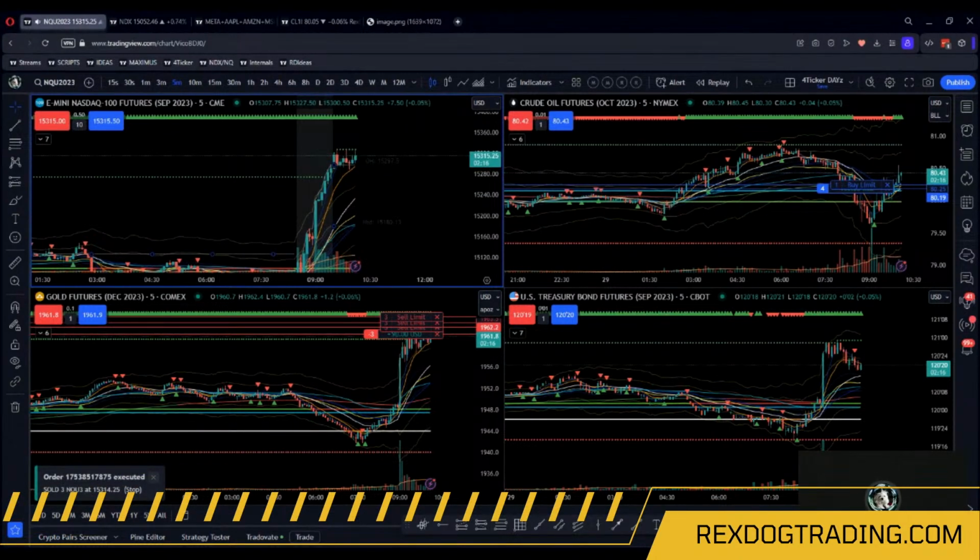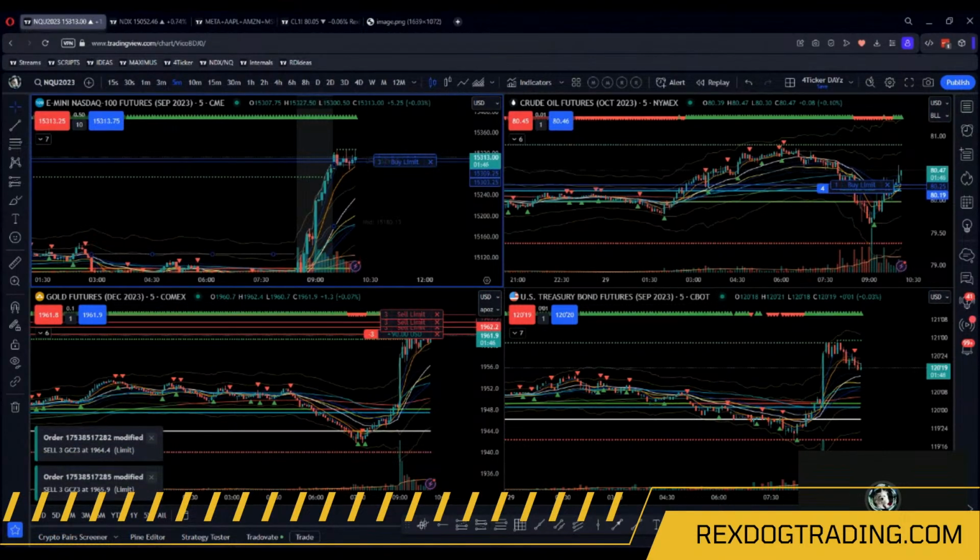Stop filled. Of course. Wait for a pullback, otherwise miss the trade. At 66 and 64, so overshoot on GC gold.